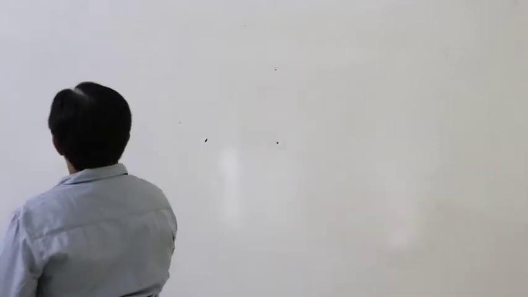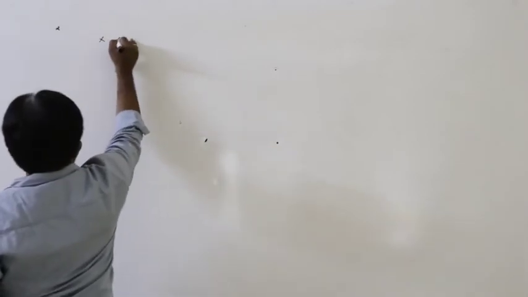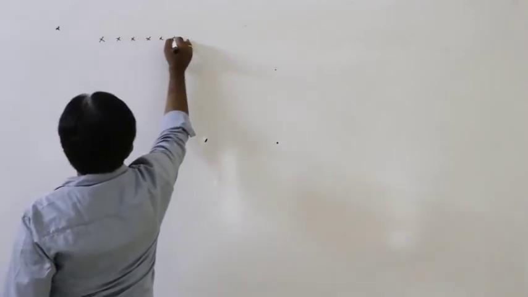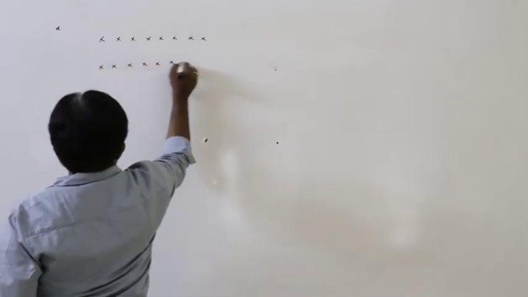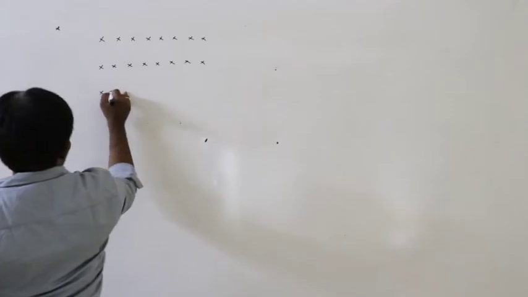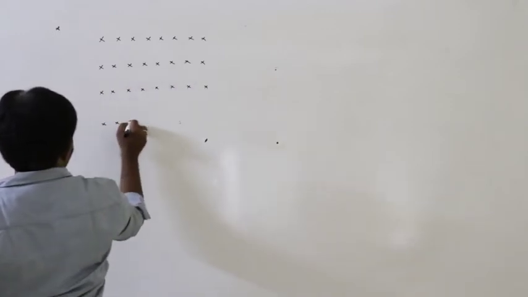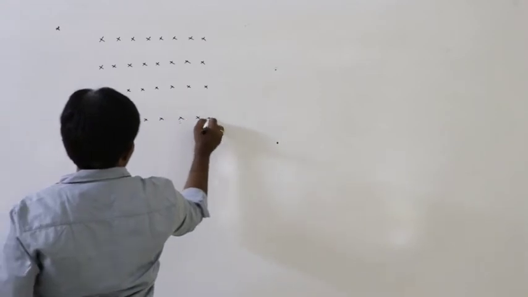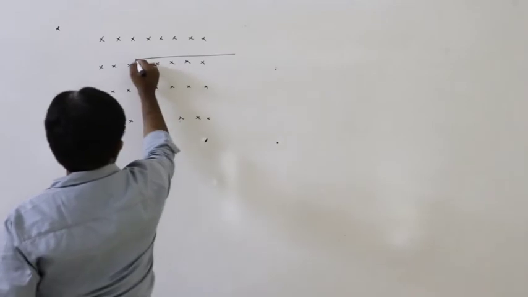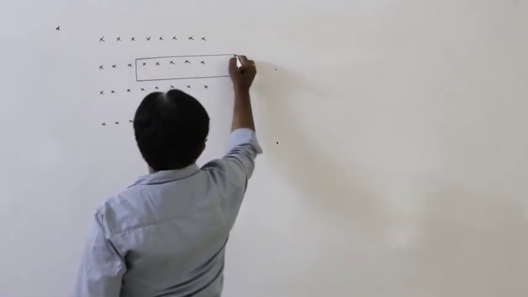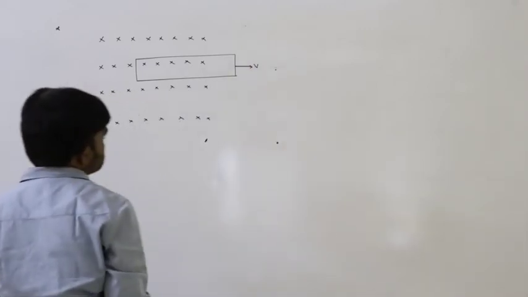The same situation. Next, one more thing. This is the direction of the magnetic field. A rectangular loop is moving out of the conductor like this.